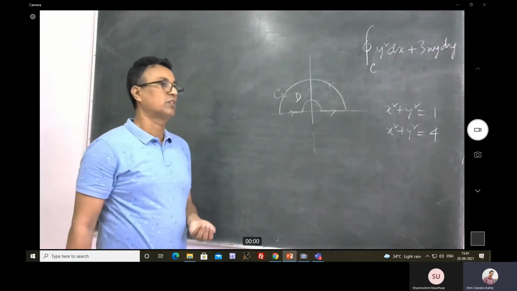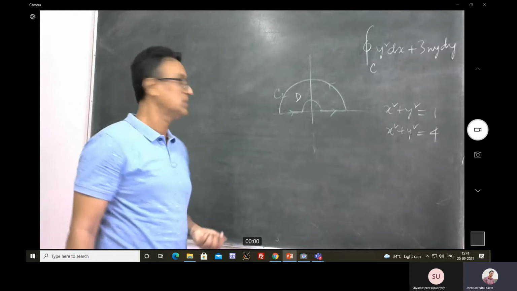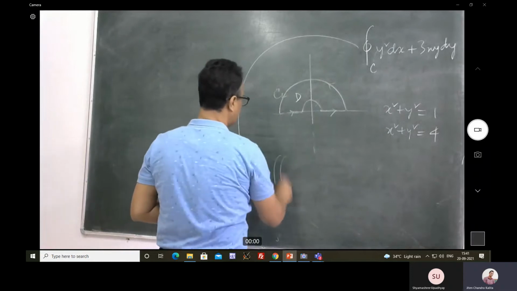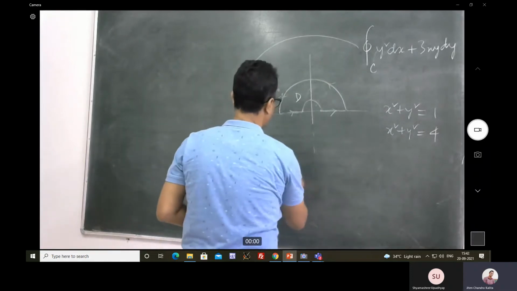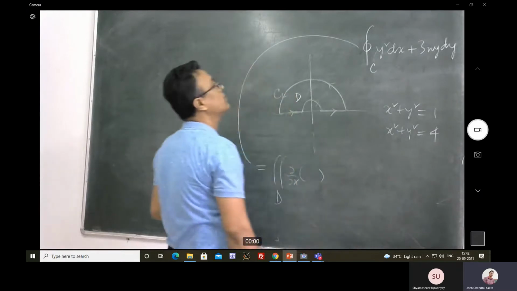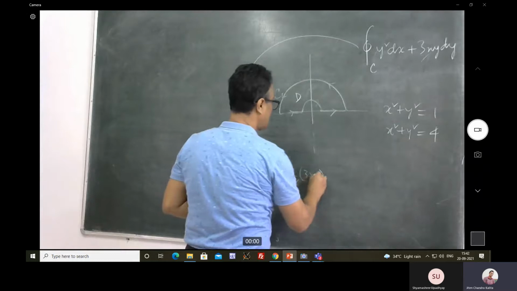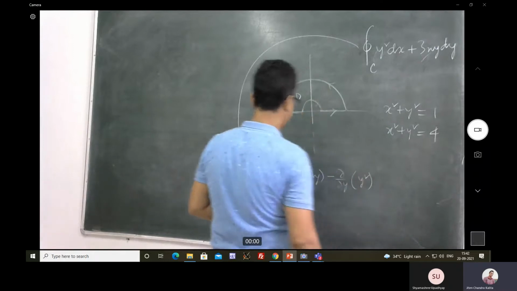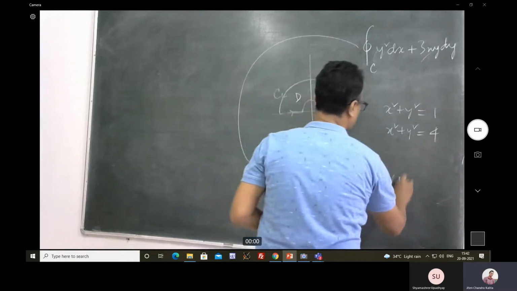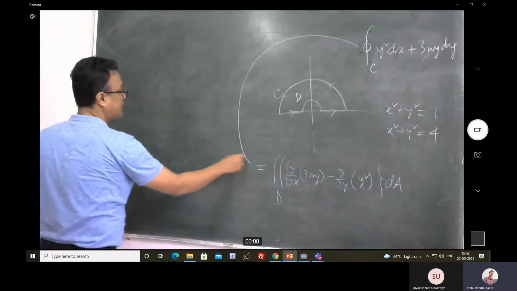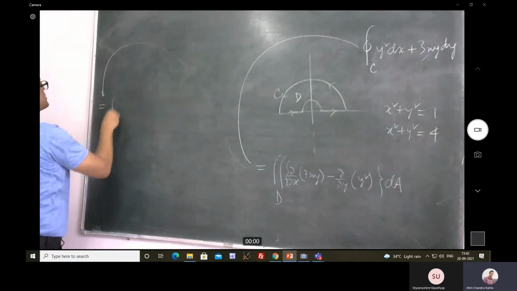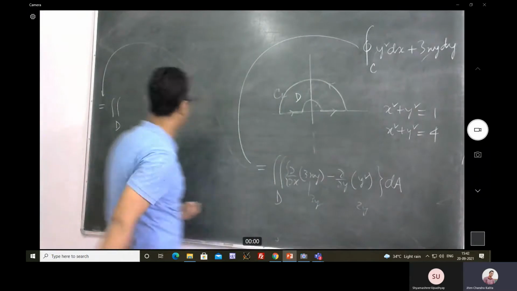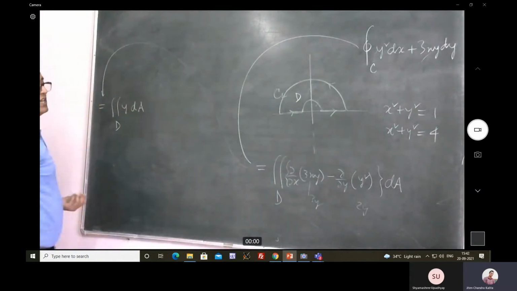Since we already know the theorem works for any region, if I use Green's theorem, this is going to give me del x of 3xy minus del y of P, dA. This gives me 3y minus 2y, so basically I simply get the double integral of y dA.